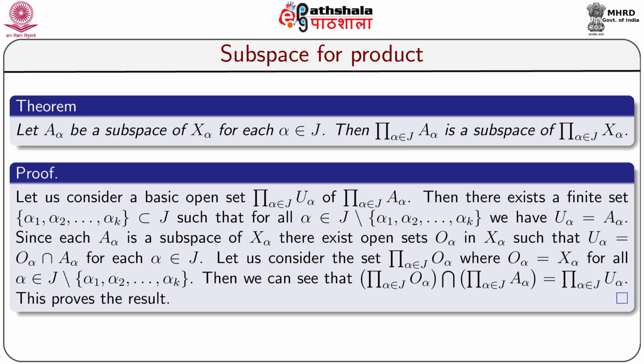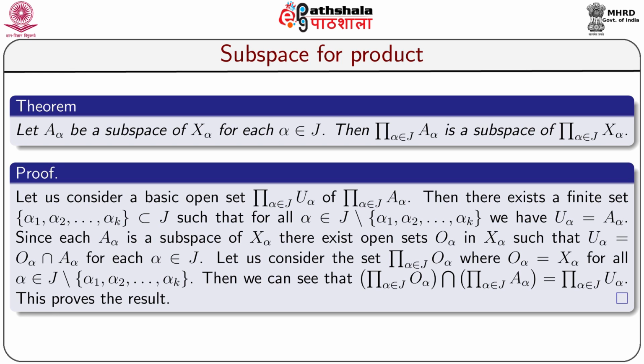Let A alpha be a subspace of X alpha and consider the topological spaces A alpha and X alpha. Then the product of A alpha is a subspace of the product of X alpha. The proof is not difficult. In fact, let us consider a basic open set, the product of U alpha, of the product of A alpha.